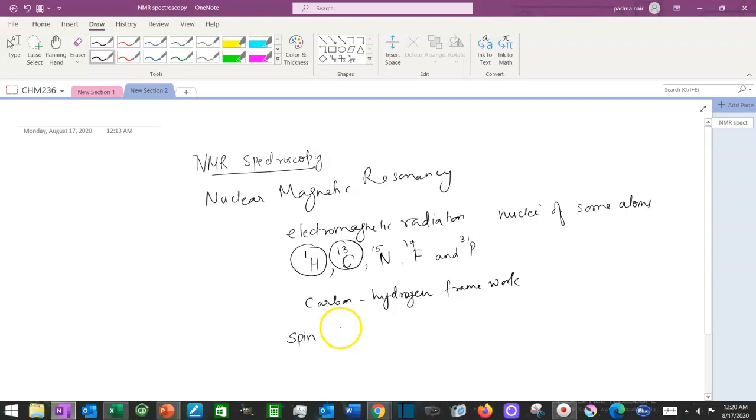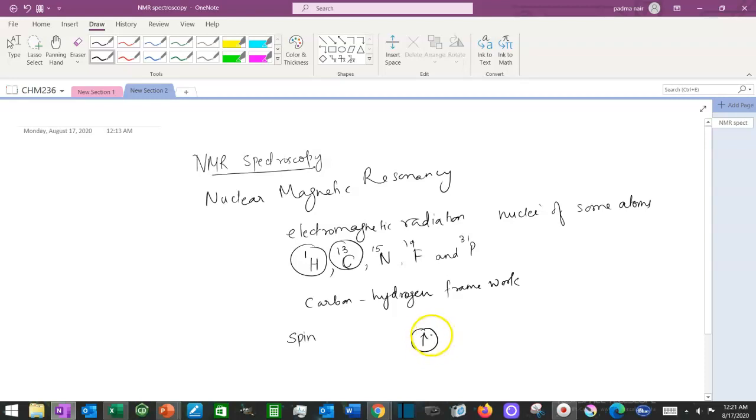If you consider the nucleus of a hydrogen atom, which has only one proton and no electrons and no neutrons, this proton can be considered to be spinning. That is what is called a nuclear spin.